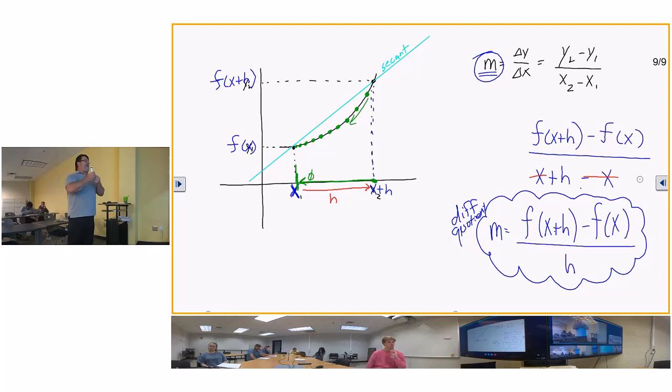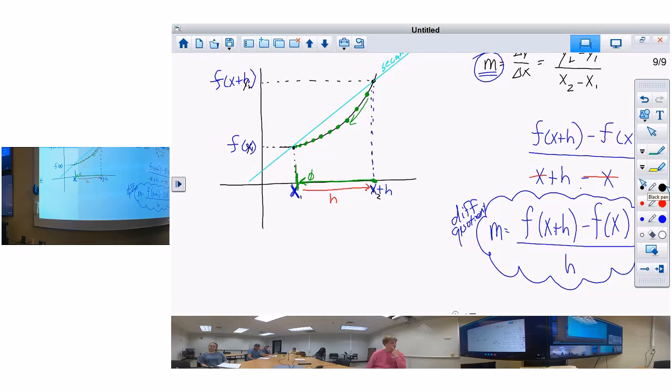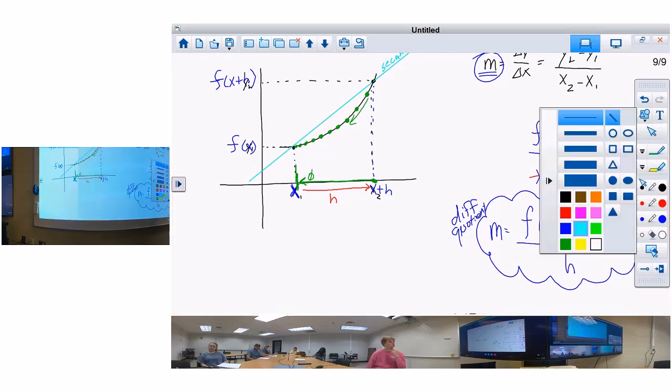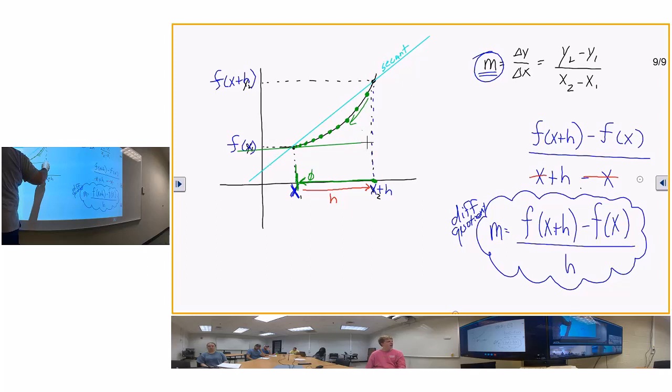You're thinking the width of a hair between that black dot and that green dot. So the secant line turns basically into what? Doesn't start with an S, it starts with a T. Tangent line.